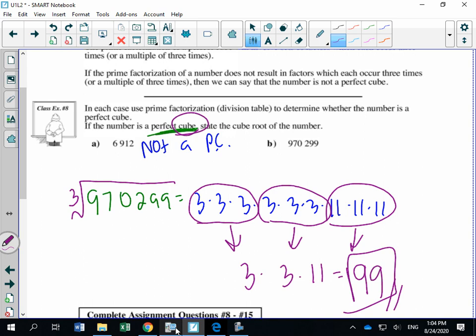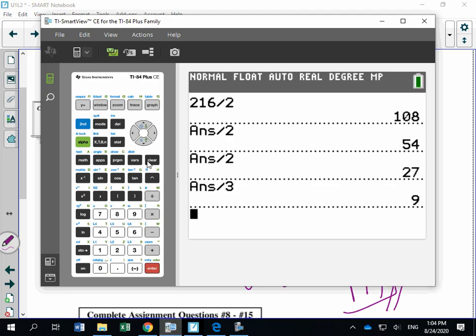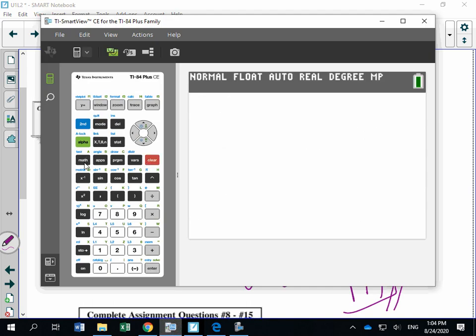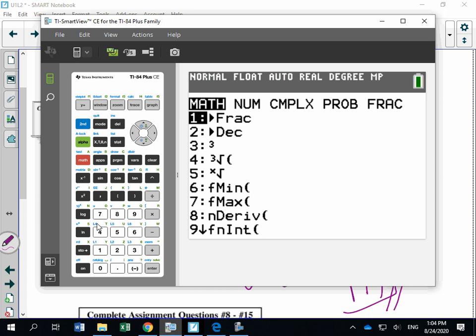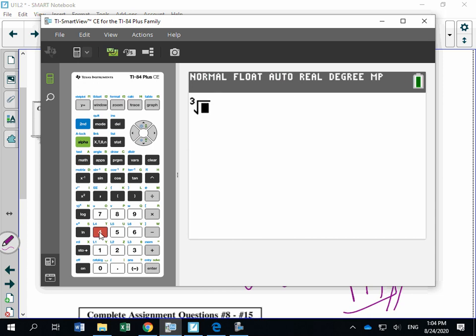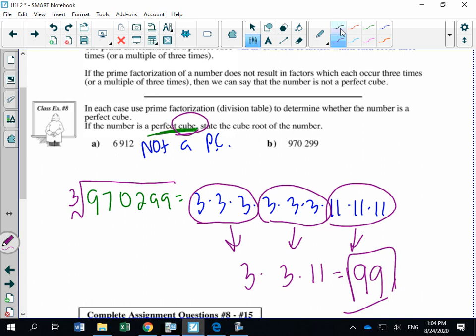And then let's draw our little cube because I'll want the cube drawn on a test. So math button, number 4, cube root of 970,299 is 99.